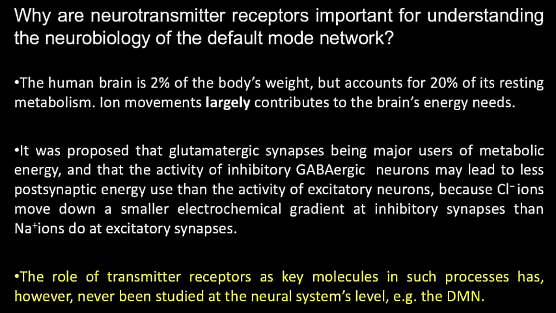It was proposed that glutamatergic synapses are major users of metabolic energy, and that the activity of inhibitory GABA neurons may lead to less postsynaptic energy use than the activity of excitatory neurons. This sounds a little bit simple.